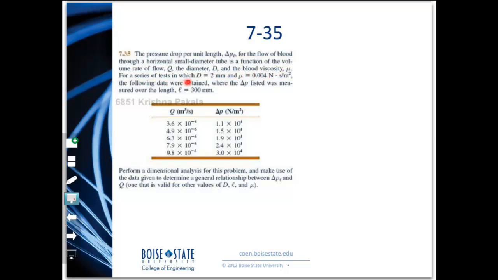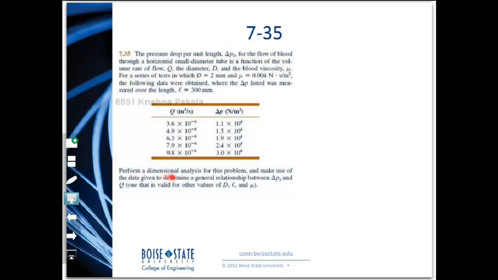For a series of tests in which D is 2 mm, mu is the quantity shown here, the following data were obtained where delta P listed was measured over the length L equals 300 mm. So remember, this is the actual pressure, whereas this notation is the pressure per length.